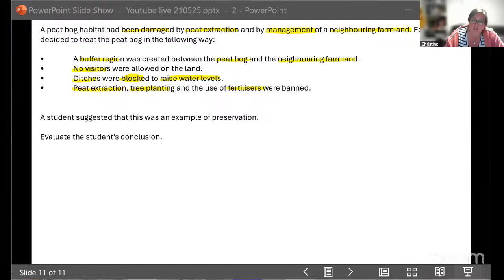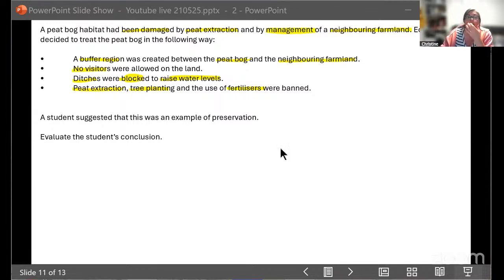Preservation, remember, is all about there being limited interactions with humans in that area. Do you know the difference between when you preserve something and when you use management techniques to conserve it? Here's one I prepared earlier for you.